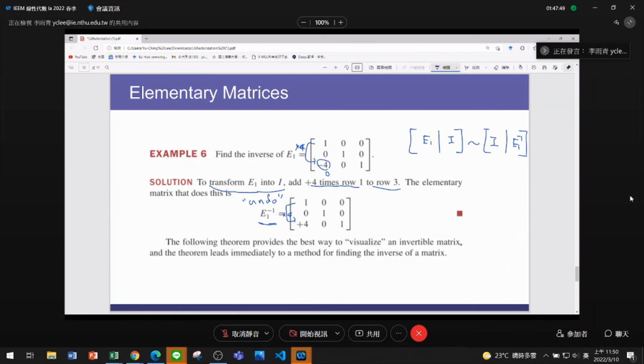But here, this is special because this is an elementary matrix. So we can use the meaning of the elementary matrix to compute E1 inverse.